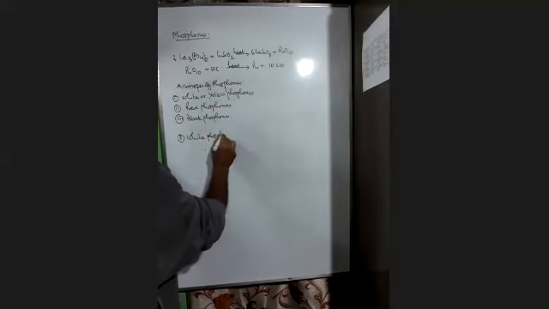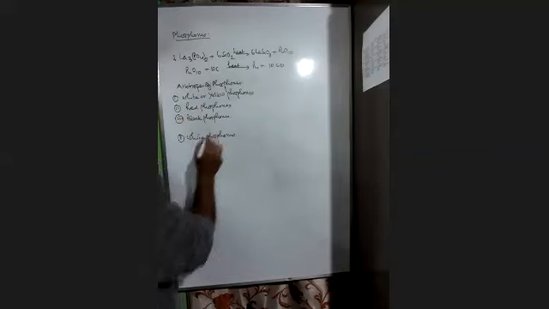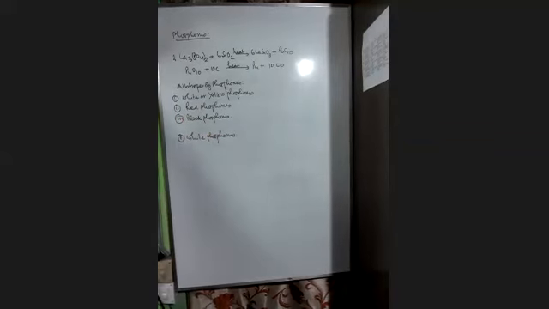Now we go for white phosphorus. You can read from the book or from my note also. I'll send this note a little later, because I'm taking the class now and I forgot to scan it. Anyway, this white phosphorus is found to be extremely reactive, and as I told you, sometimes it exists in yellow form also.